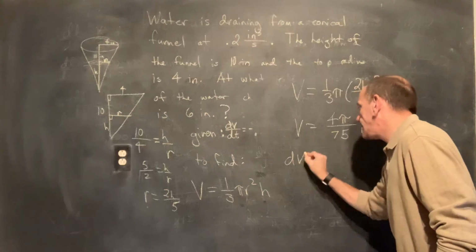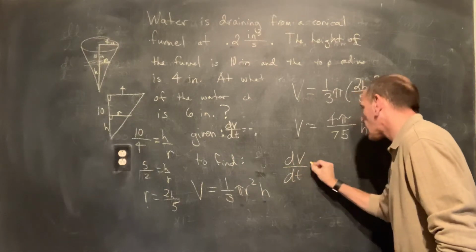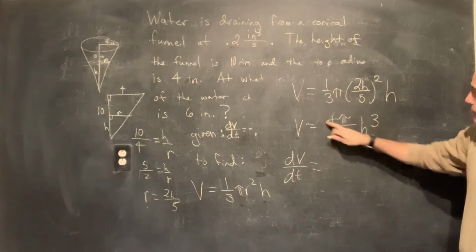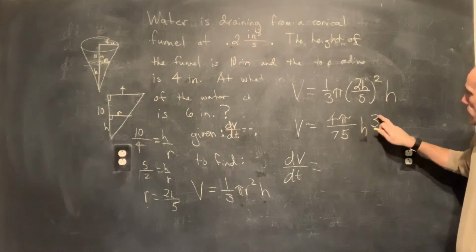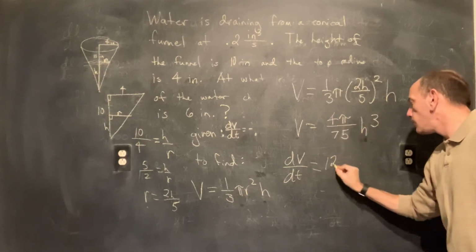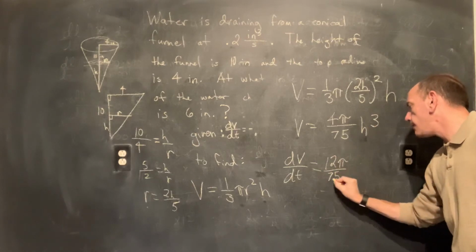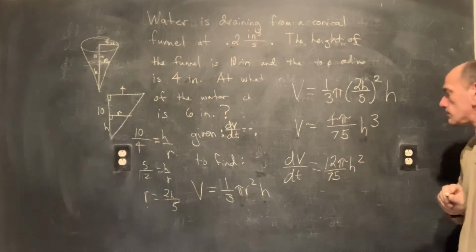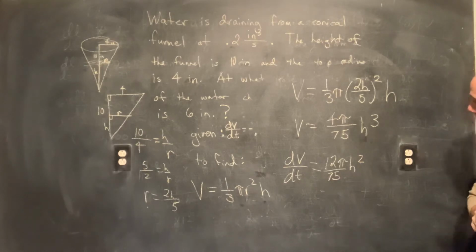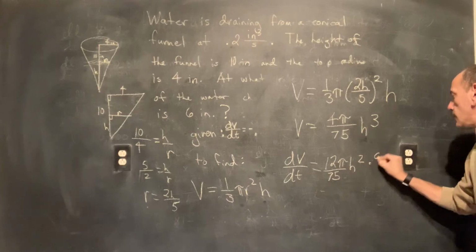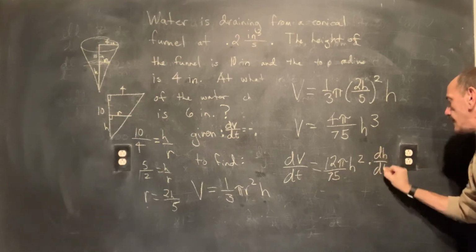So dv dt is, well, I'm going to do this with respect to h. So 12 pi over 75 h squared, chain rule, times dh dt.